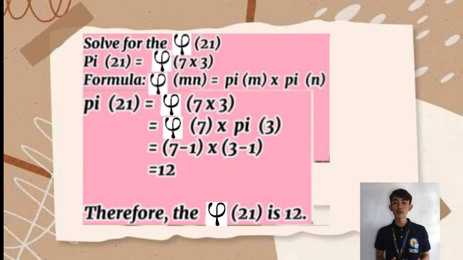We can use the formula phi of mn equals phi of m multiplied by phi of n. We have phi of 21 equals phi of 7 times 3, then phi of 7 times phi of 3, which is from rule number 3. Then 7 minus 1 times 3 minus 1 from rule number 1. And we have the answer of 12. Therefore, the phi of 21 is 12.